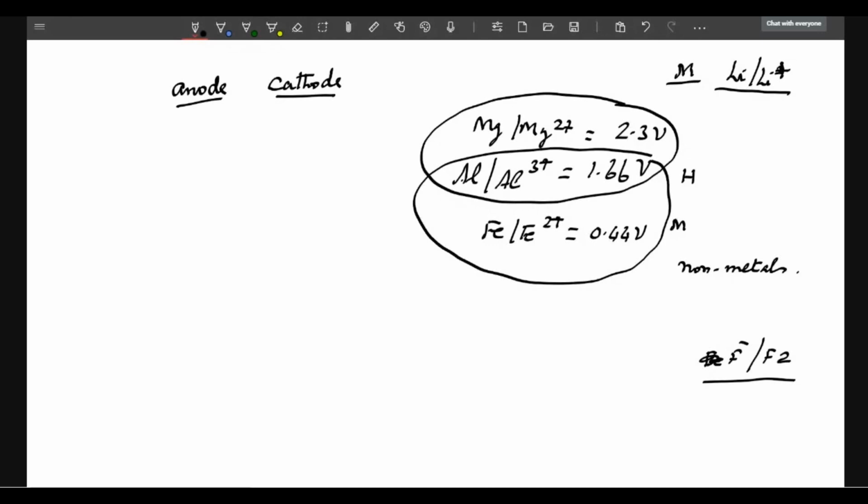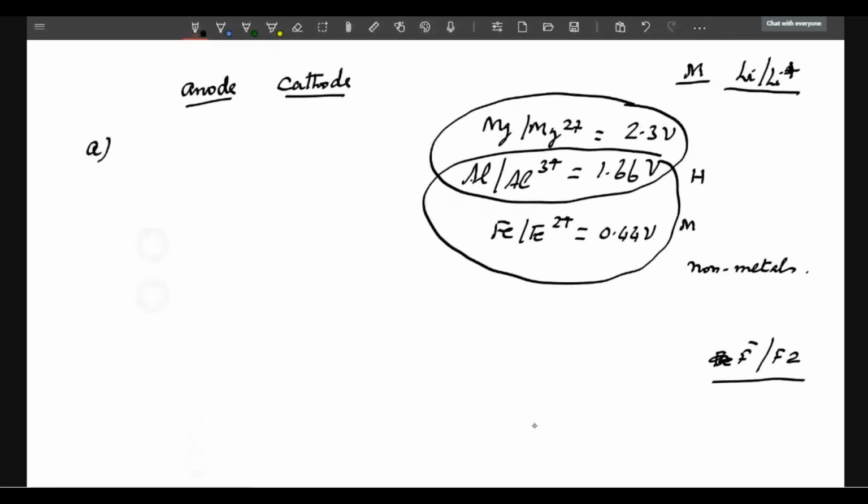Which of the following electrodes cannot act as either cathode or anode of a cell, depending on the nature of the other electrode? Option A, F minus for F2, comma, sodium bar sodium plus.